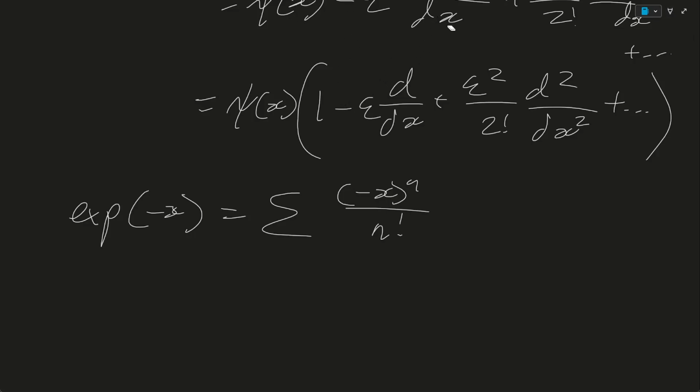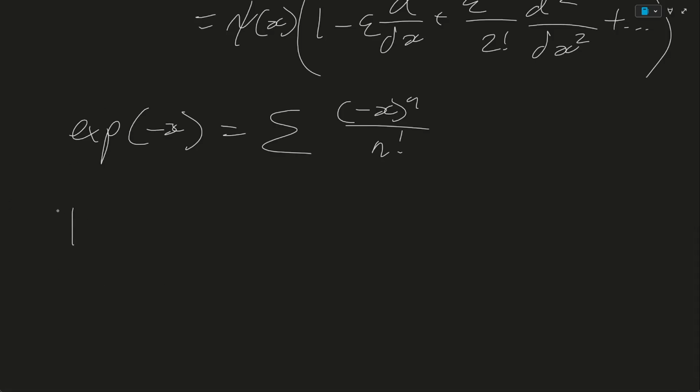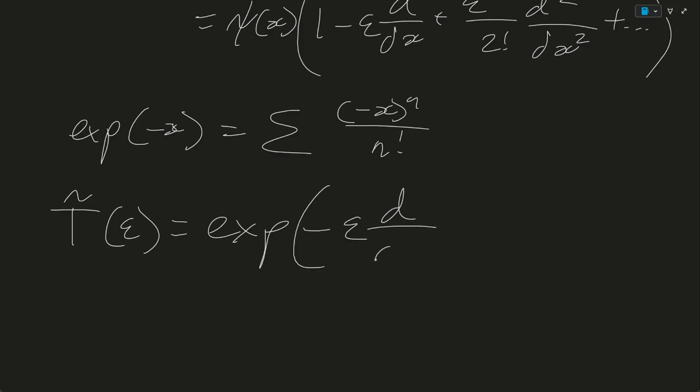And so we now know that our translation function is some exponent of minus epsilon d/dx. Sorry, d/dx, not dx dt.